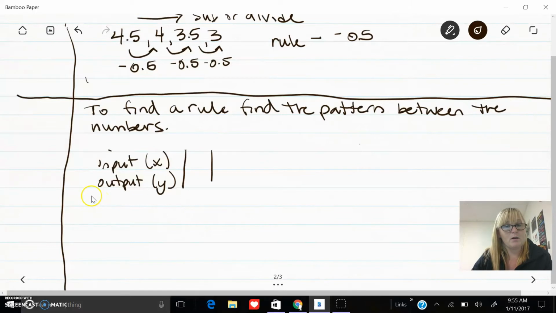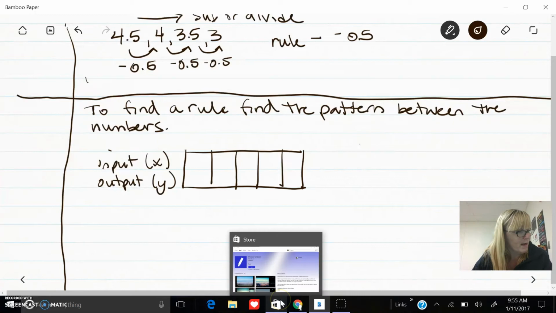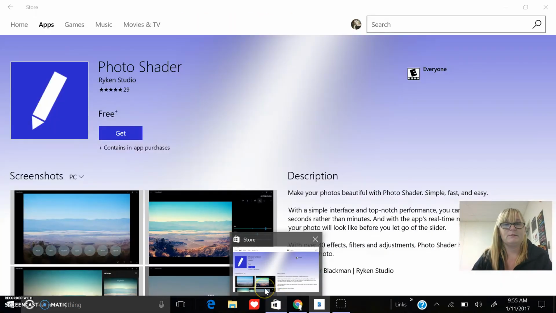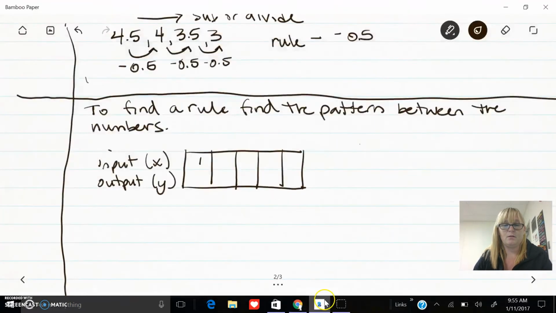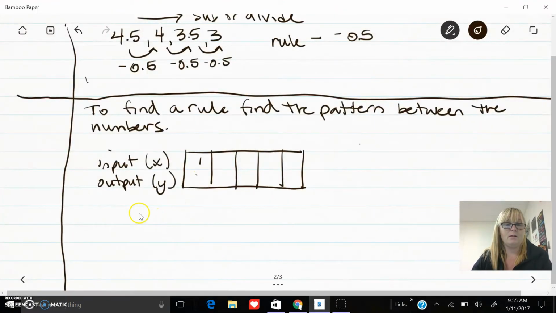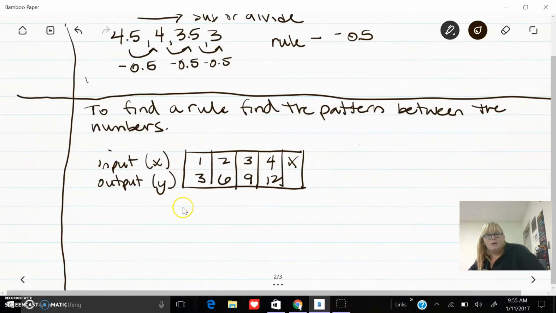All right, so let's take a look at our data. I have 1 and 3, 2 and 6, 3 and 9, 4 and 12, and we don't know what the x is.